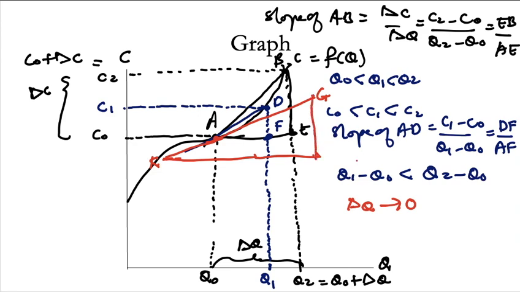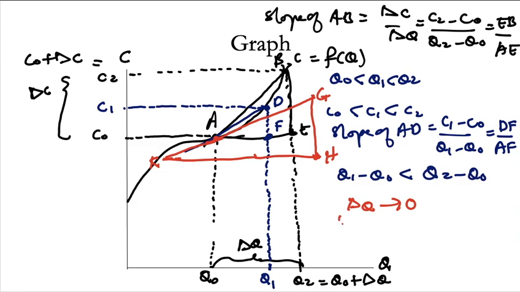And let's say this point is H. So we know that the initial point is Q0. Here, the line of KG, as you can see, is a tangent to the cost curve at point A, isn't it? It becomes a tangent line of the cost curve at point A.